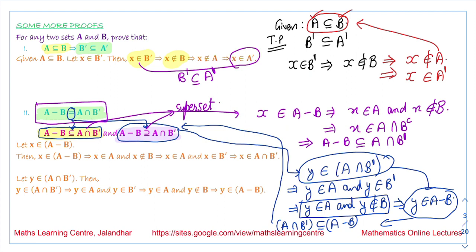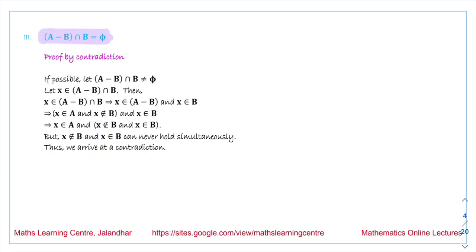Now the next proof we have is that A minus B intersection B is equal to phi. Suppose, if possible, that A minus B intersection B is not equal to phi.